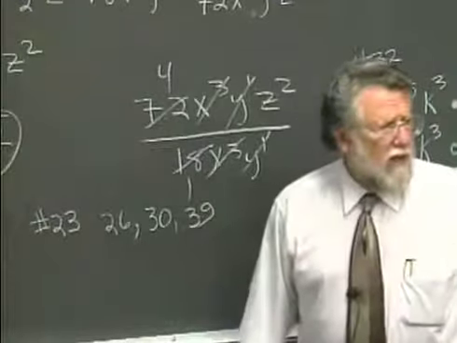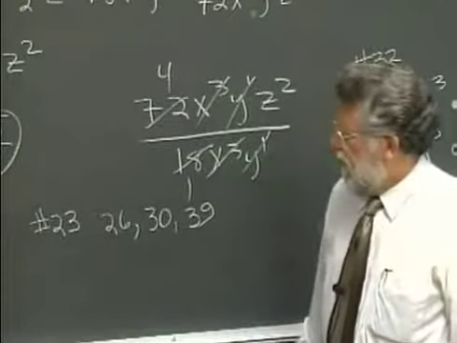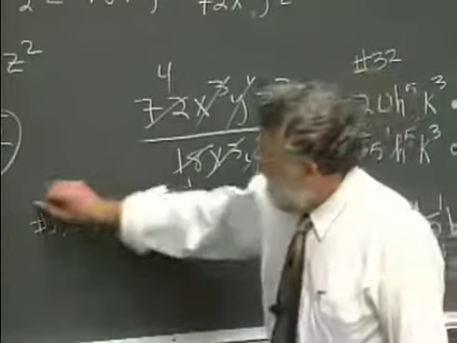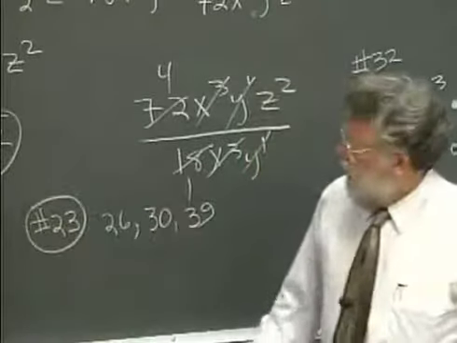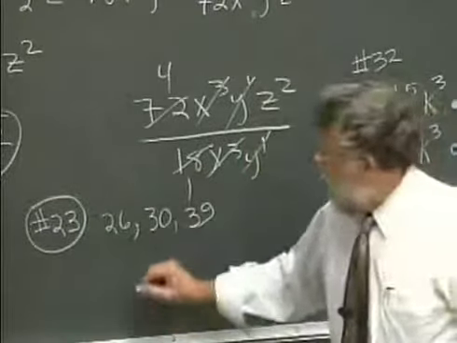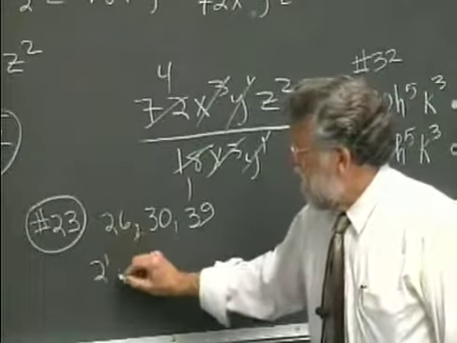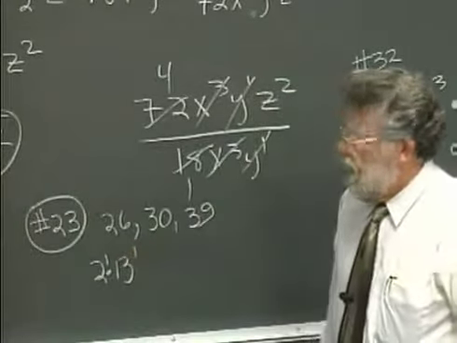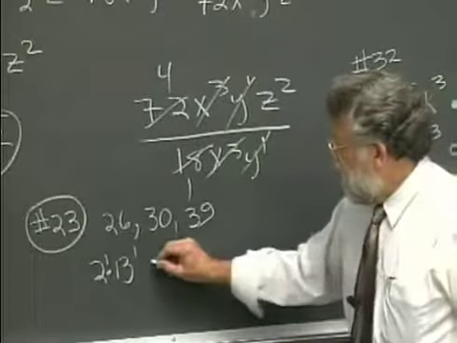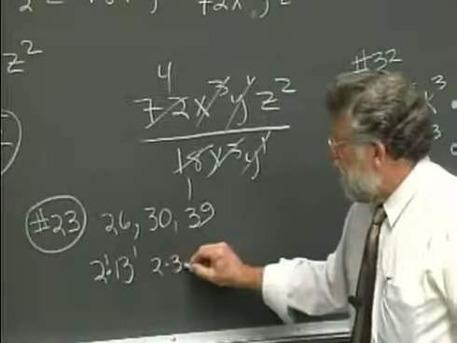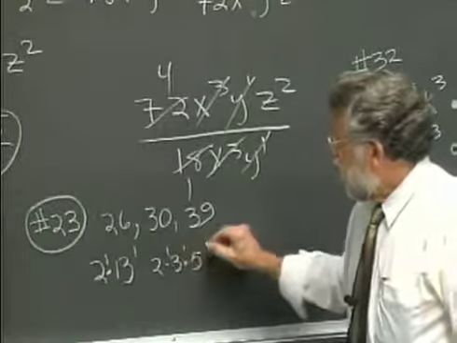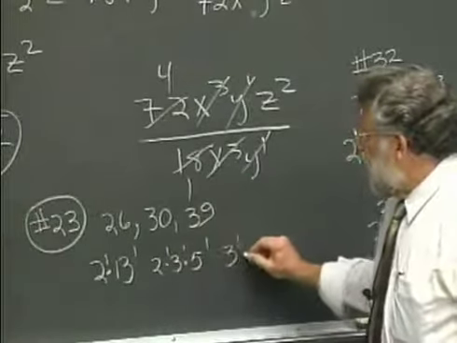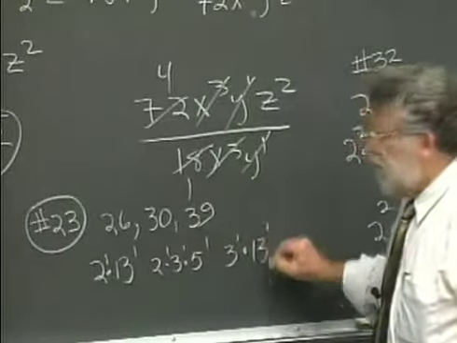Can we write those as a product of primes without doing the division? I hope. The 23 is the problem number, not the prime. So 26 is 2 times 13. Agreed? So 2 to the first, 13 to the first with a dot between them. The 30, we already found that, is 2 times 3 times 5 to the first, first, and first. And 39 is 3 to the first times 13 to the first.